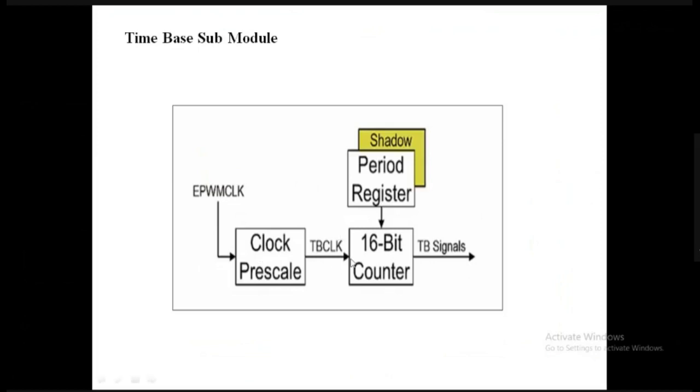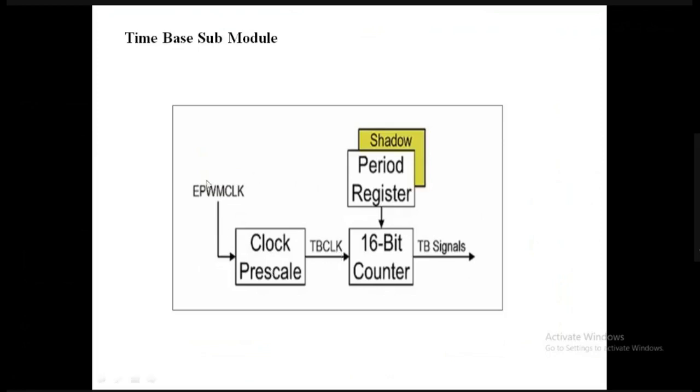Now this time-based submodule has its own clock. Everything works on a clock. If you generalize, your microcontroller is also working on a particular clock frequency, which is given through an internal oscillator. And then you have a PLL, which divides your oscillator clock frequency and provides it to the other modules.